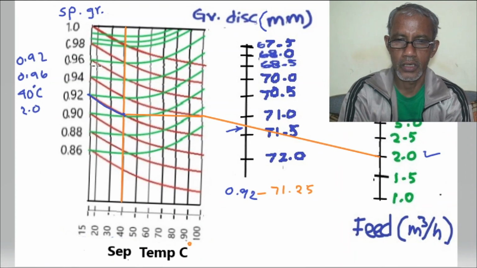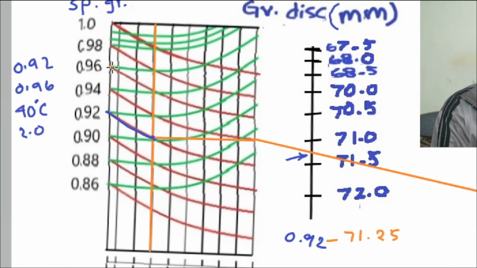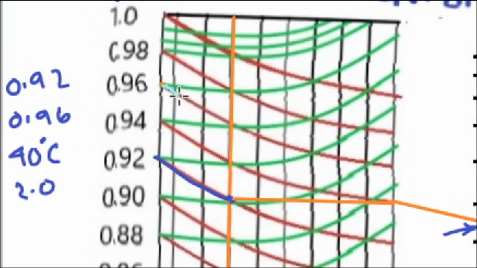So we will keep the same temperature and the feed rate as before, only the change is in the specific gravity. So now the specific gravity falling curve is, now we will have to follow this curve.